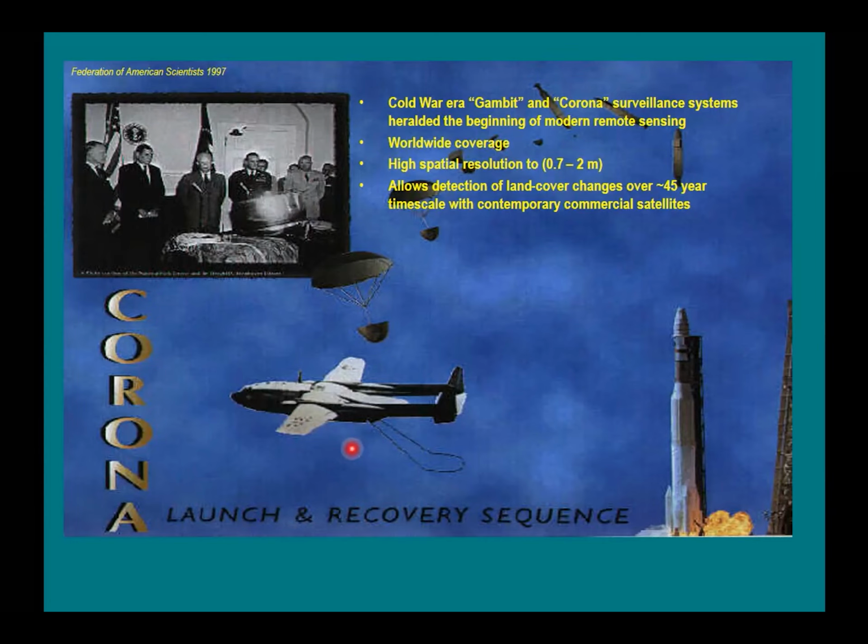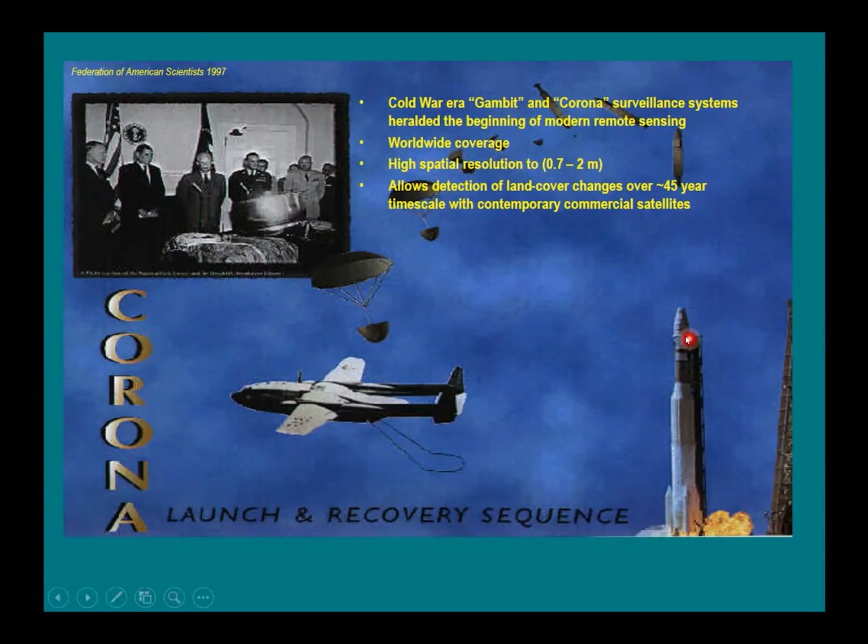And these data became declassified during the Bill Clinton administration. So a bunch of the data were declassified in 1995, and the remainder of the data were declassified in 2001. And these are really cool.